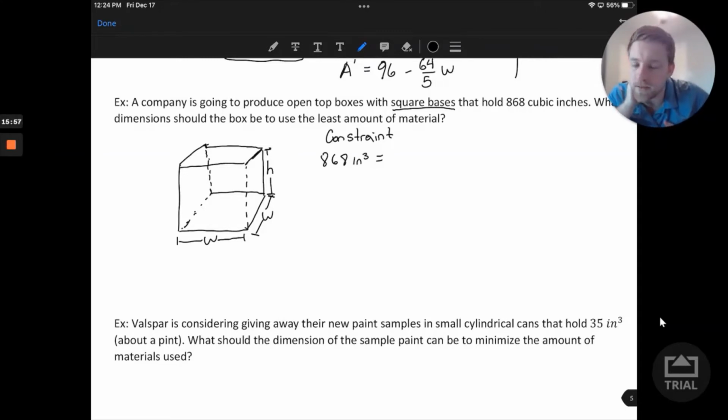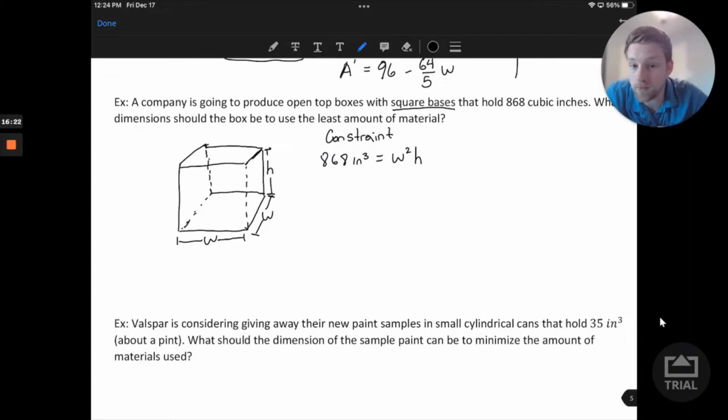And so when I consider the volume of this box, even if we don't have a top, we'd have the same volume. We'd have a volume of the base area times the height, which we would express here as W squared times H. So that would be the volume of that box, all those dimensions multiplied.